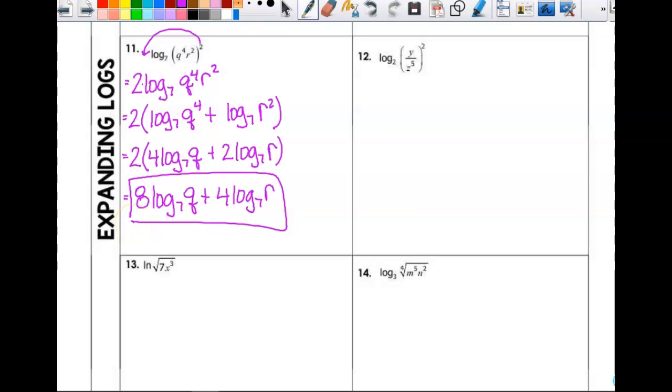Now, when you split it, if at this point you kind of skip this step and go ahead and bring the exponents down, I'm okay with that as long as you're not getting lost in your work, okay? Any questions at all? You have a question? Are you sure? Okay. All right, so then y'all try number 12.